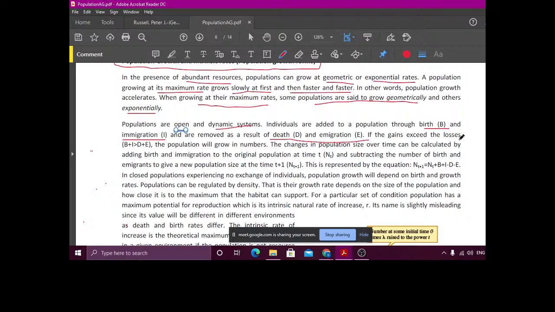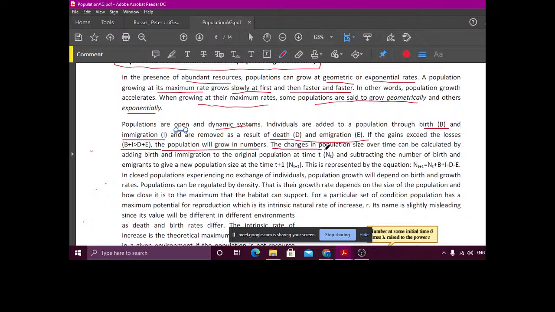If the gain exceeds the losses, that is B plus I is greater than D plus E, so birth plus immigration, if the sum is greater than D plus E, the population will grow in numbers.